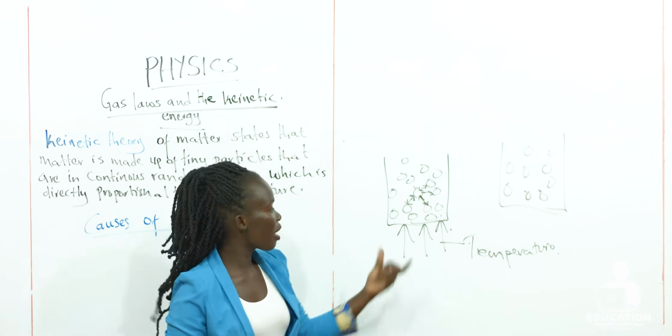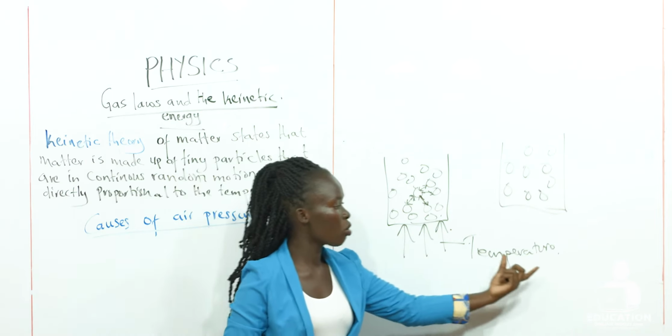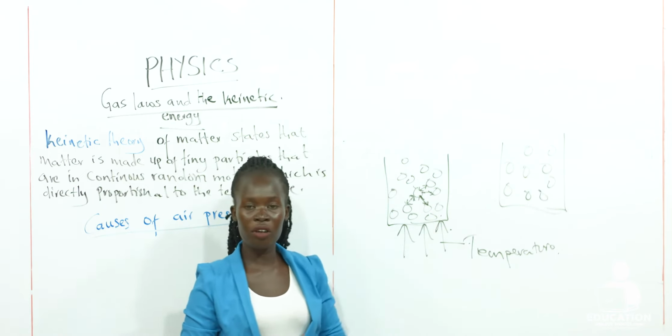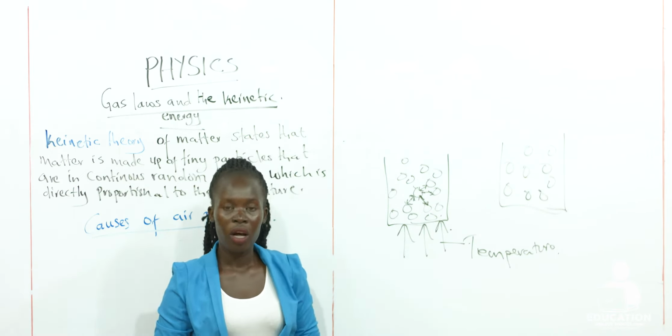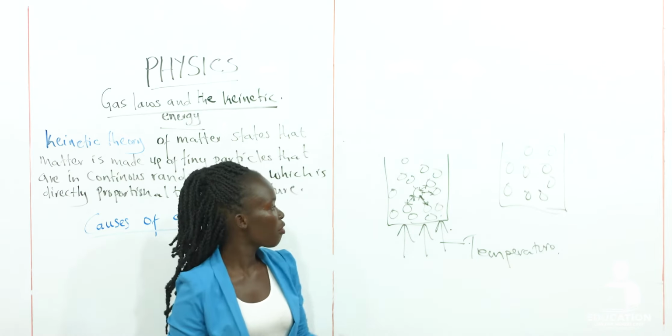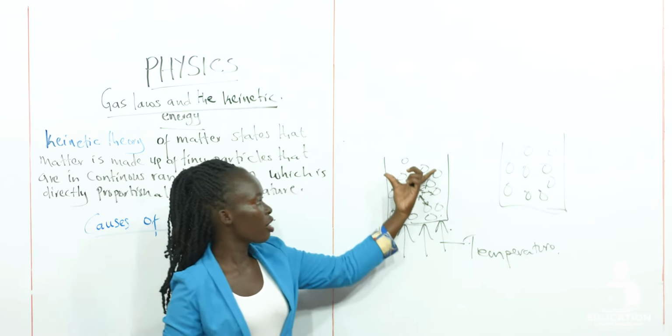Because here we say that we have to keep the pressure constant and then just vary the temperature and the volume with the Charles law. To keep the pressure constant, we shall have increased volume.